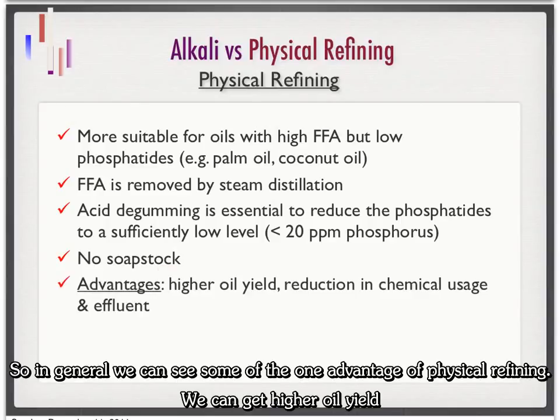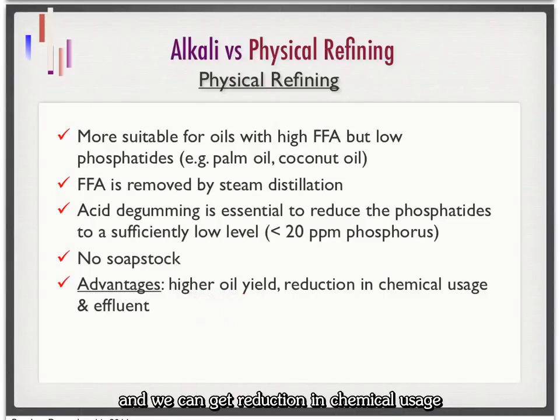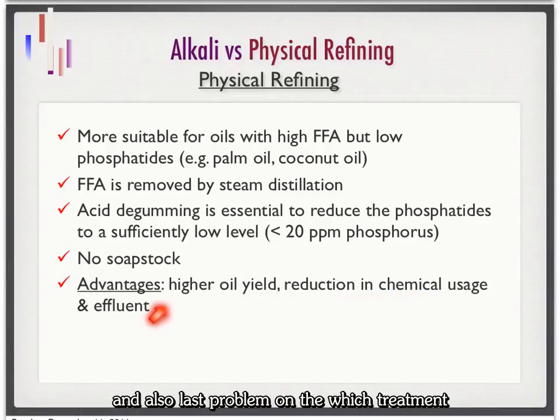So in general, we can say some of the advantages of physical refining: we can get a higher oil yield, a reduction in chemical usage, and also fewer problems with waste treatment.